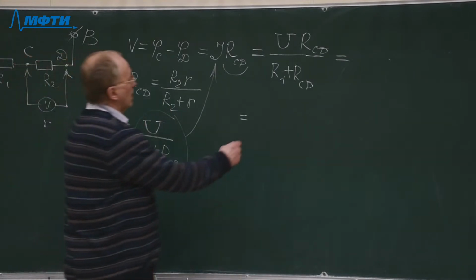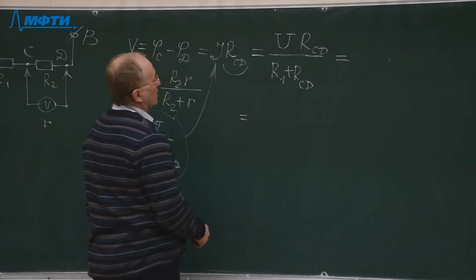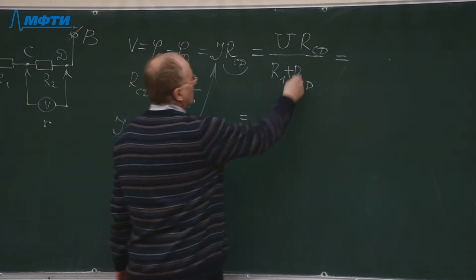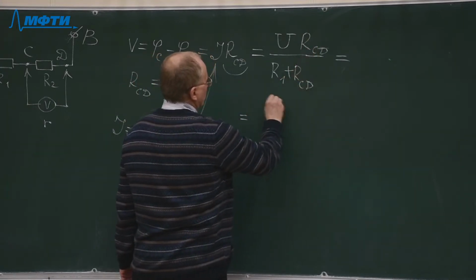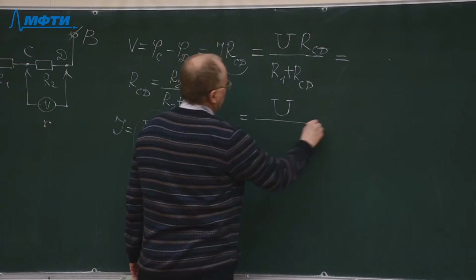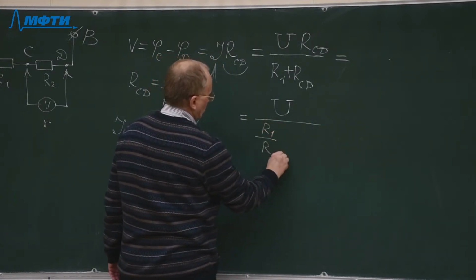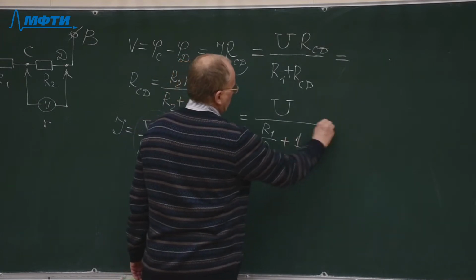So it would be easier to carry out the calculations probably by dividing numerator and denominator of this formula by RCD, and then we obtain such an expression, plus 1.